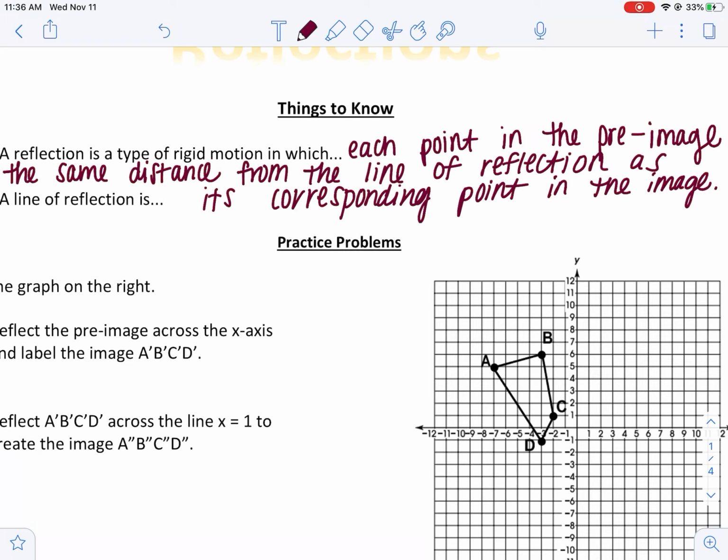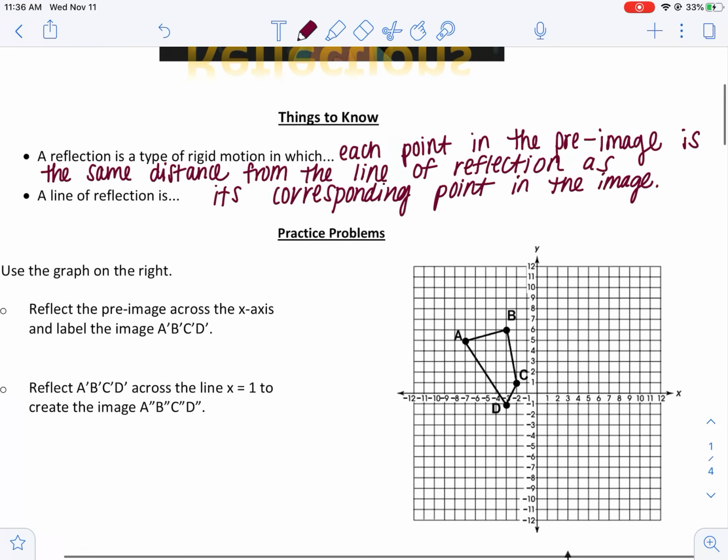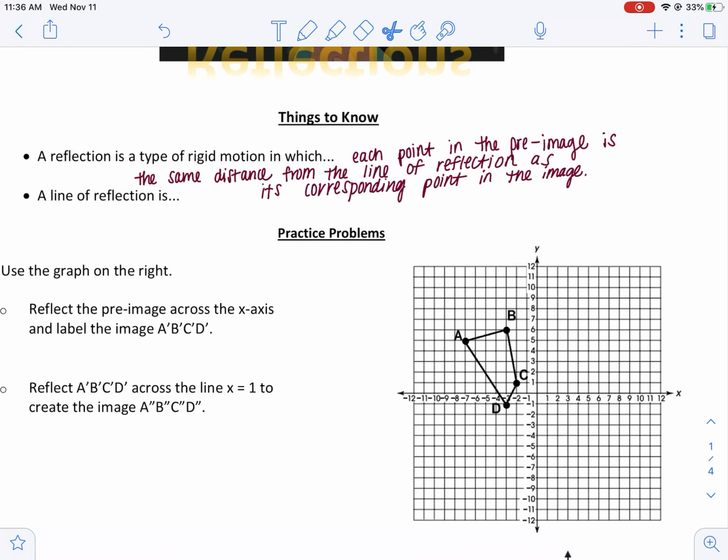Okay, so basically all this means is we're going to have some line of reflection. And if something is reflected over that line, then it's going to be the same distance away from that line of reflection. All right, so I'm going to shrink this just a bit.